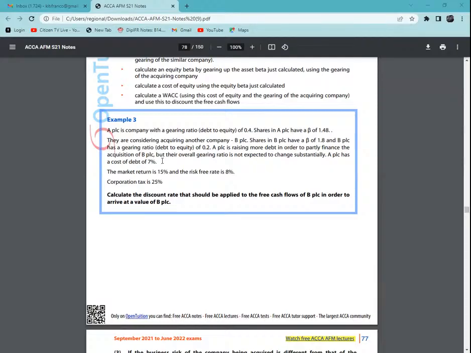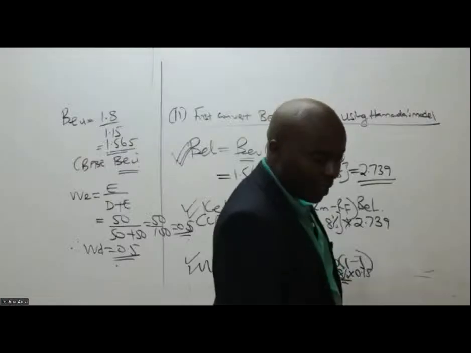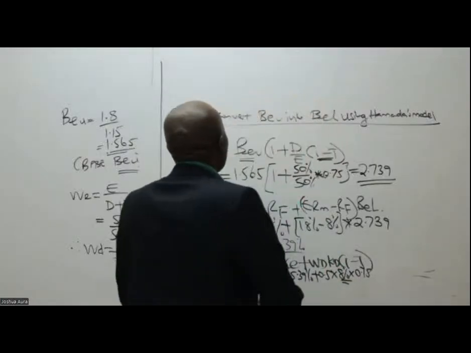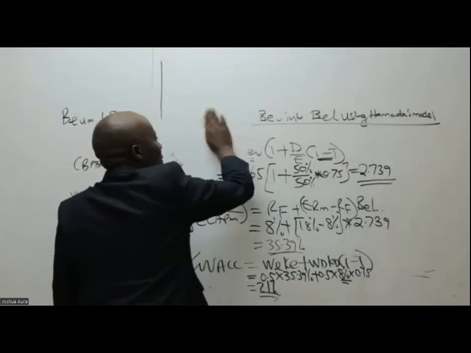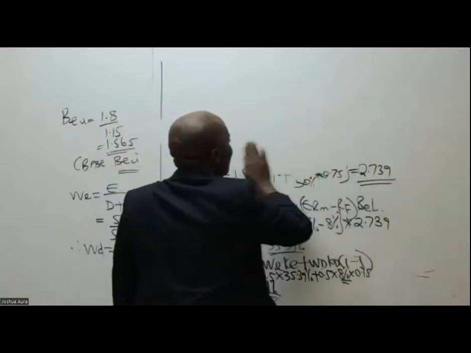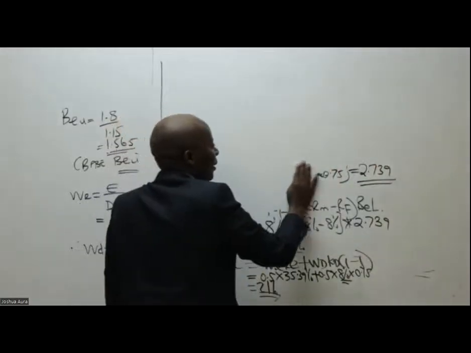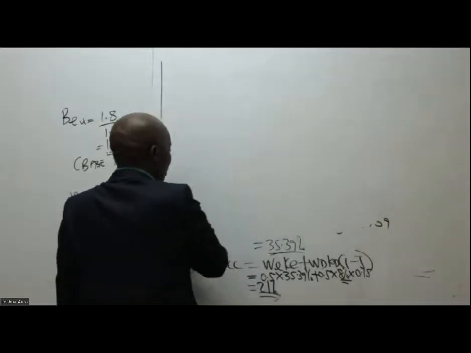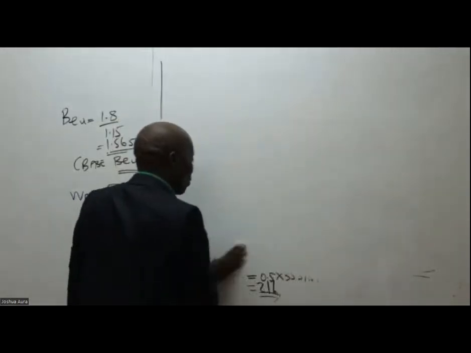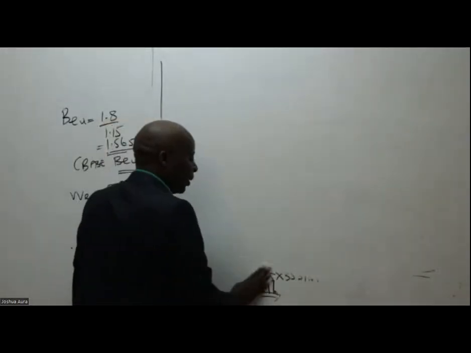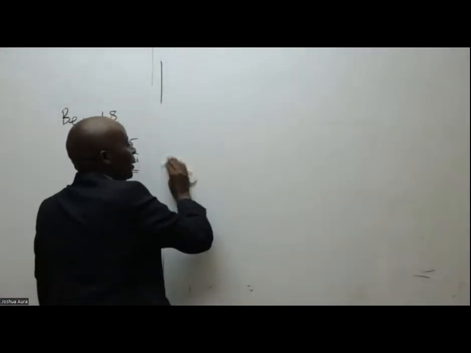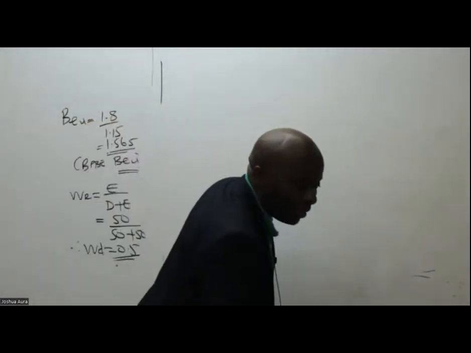Okay. If I'm the one doing this exam, when I hear a company is diversifying to some new industry, I have the concept of the relevant beta. That is where I'll always start from. So come and write in capital letters, relevant beta.